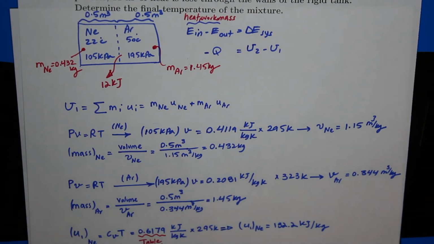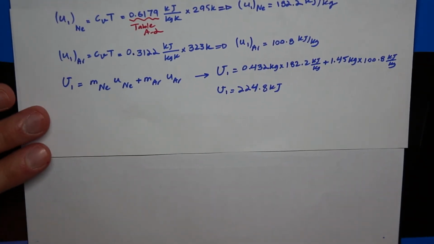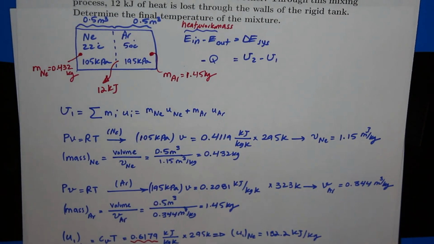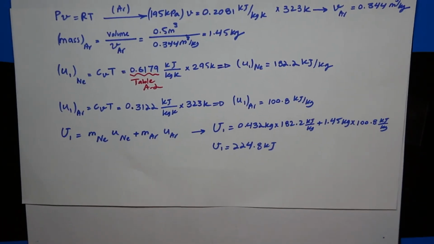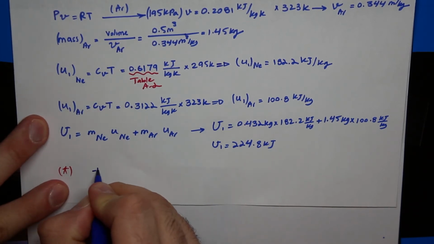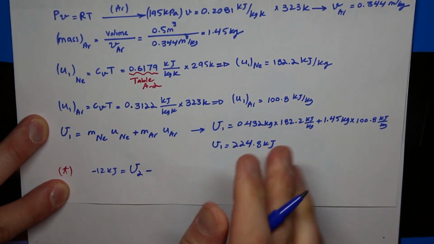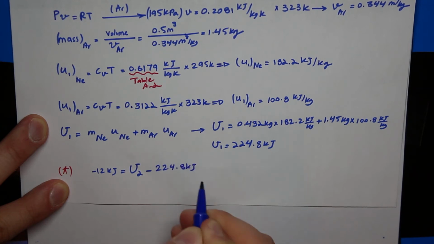So if I call this equation 1 star, the equation 1 star gives me negative 12 kilojoule is equal to U2 minus uppercase U1, which is 224.8 kilojoule.